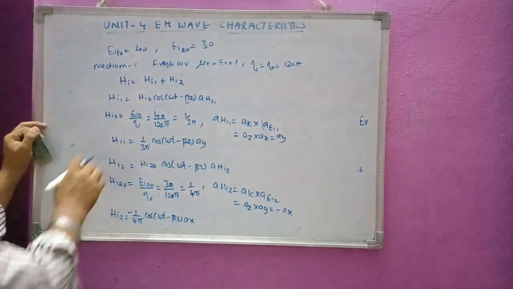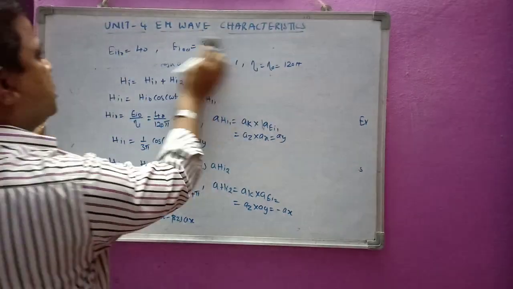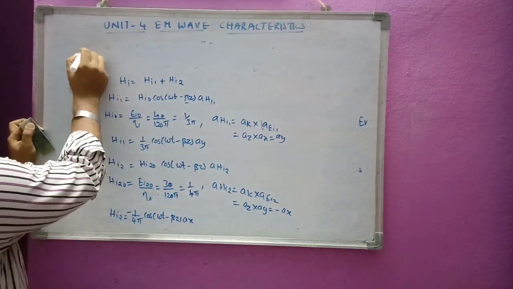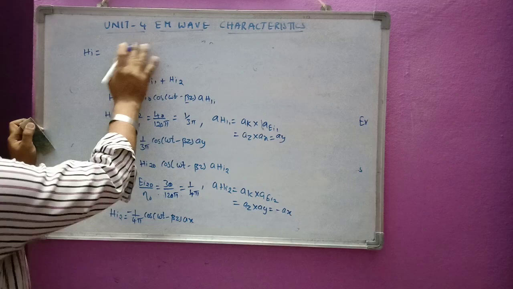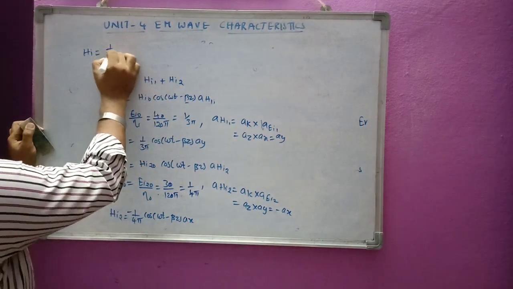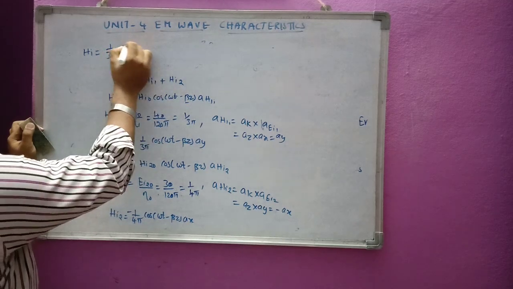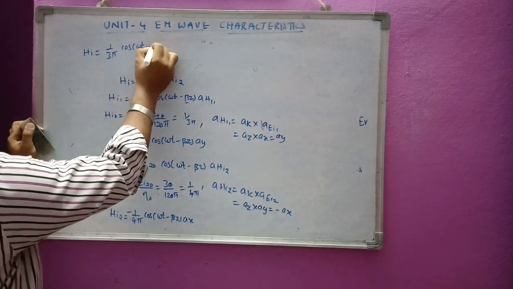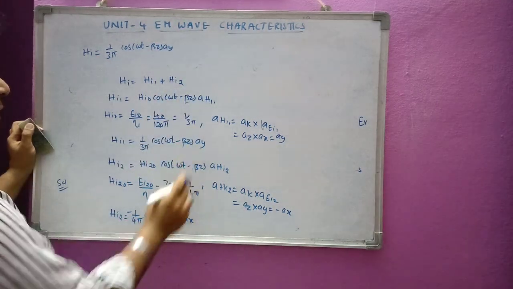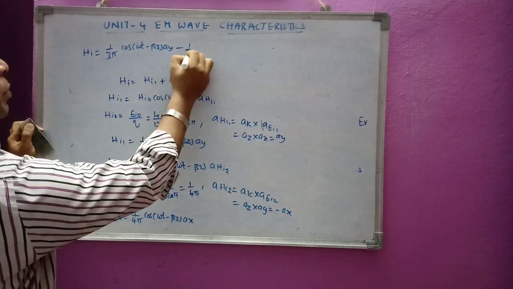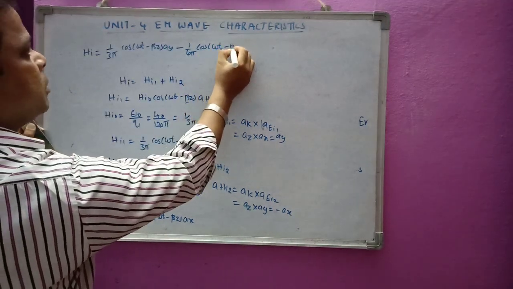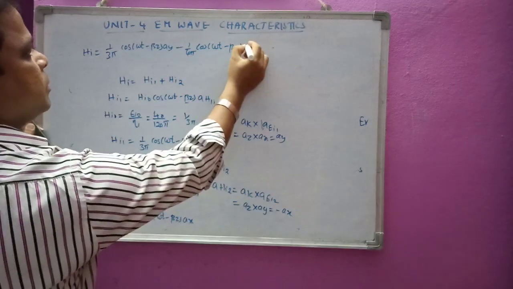Now I will write the addition of these two: HI is equal to HI1 plus HI2. So HI is equal to 1 by 3 pi cos of omega t minus beta z into aY, and minus 1 by 4 pi cos of omega t minus beta z into aX.